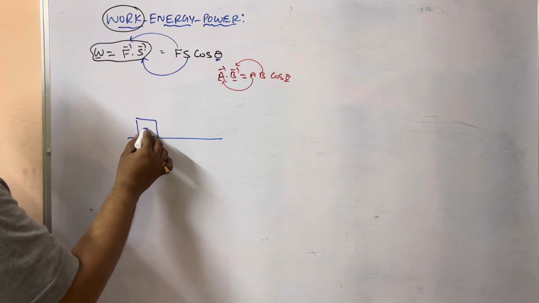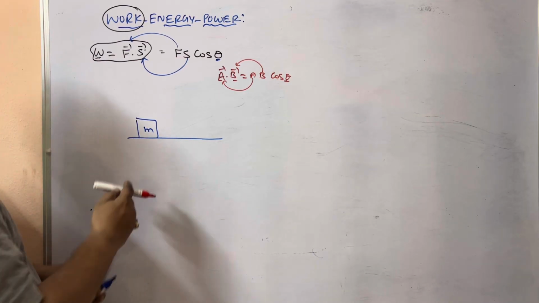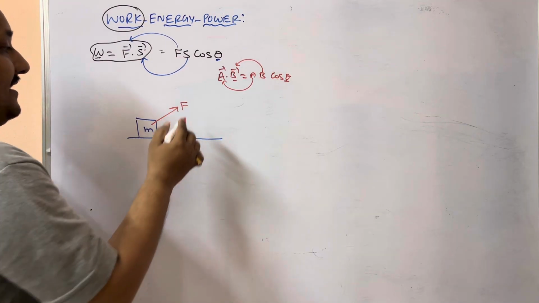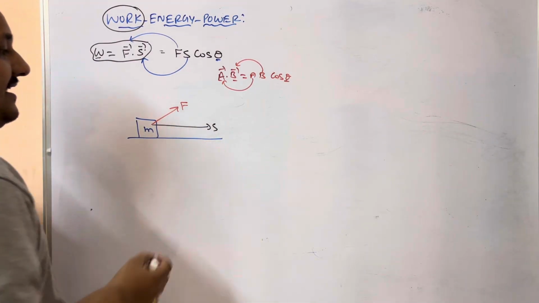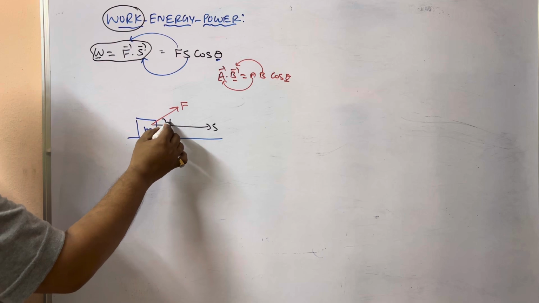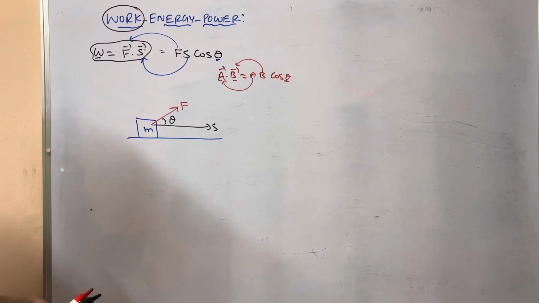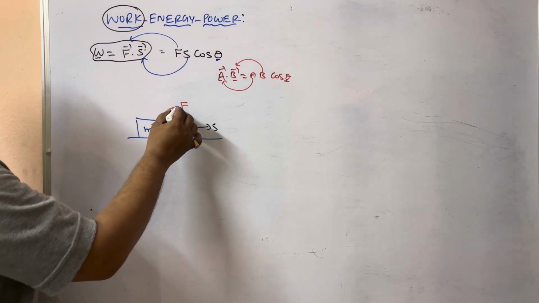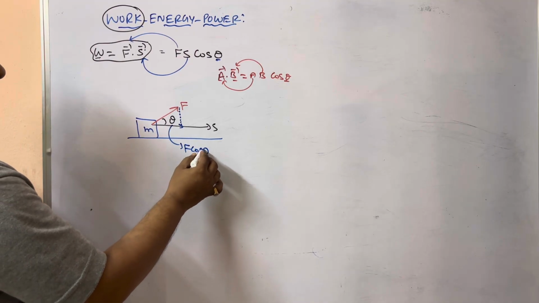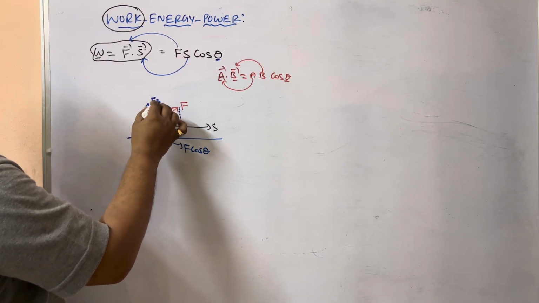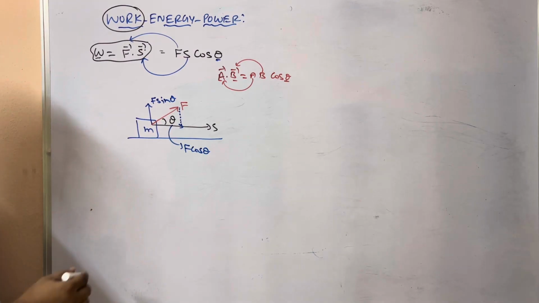Let us assume this is an object of mass m. Some amount of force is applied in this direction, and the displacement is in this direction. The angle between these two is theta. If you resolve this force into two components, one is F cos theta and the other is F sin theta.